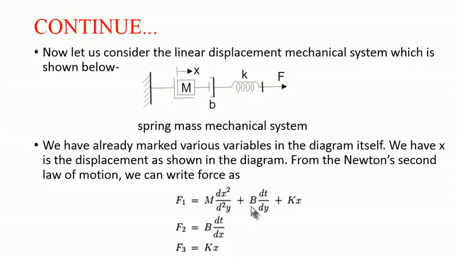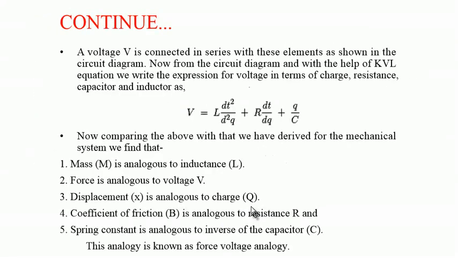Comparing these equations, in the place of M here it is L, and in the place of B it is R. Force F is analogous to the voltage V. Displacement x is analogous to the charge q. Coefficient of friction B is analogous to the resistance R.